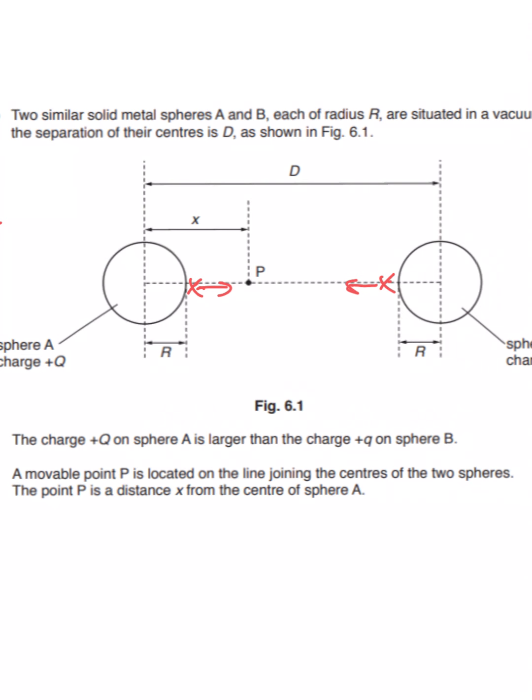So because that's an r squared term there, the fact that I'm so much closer to sphere B than I am to sphere A means that the force of B will dominate. I'm going to have a force acting that way.